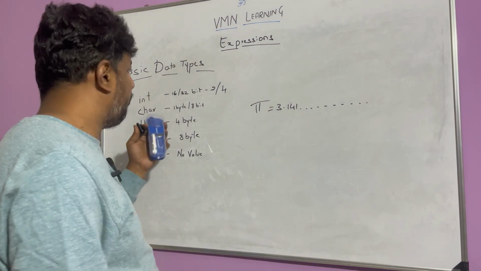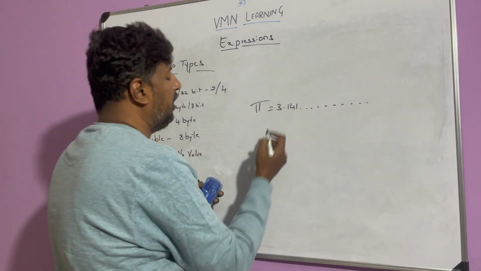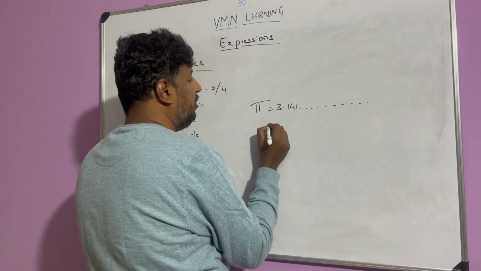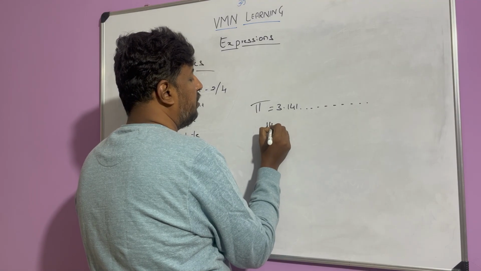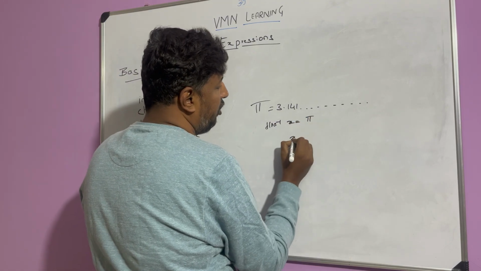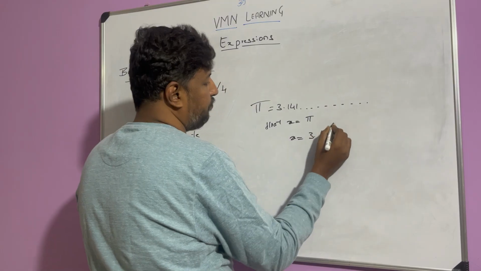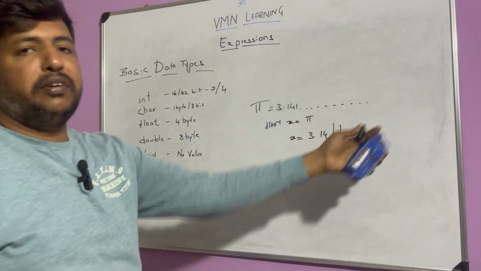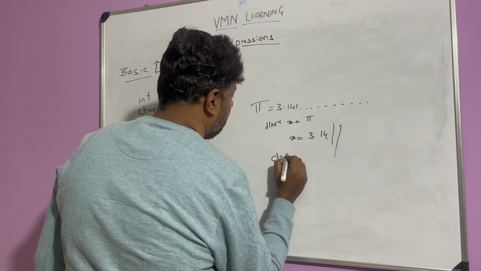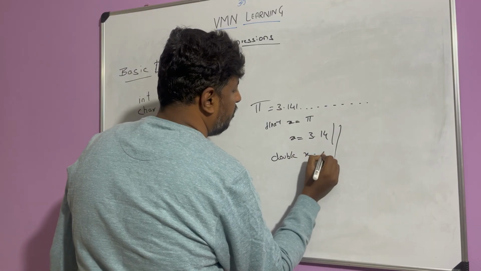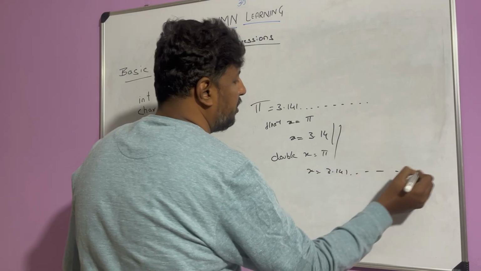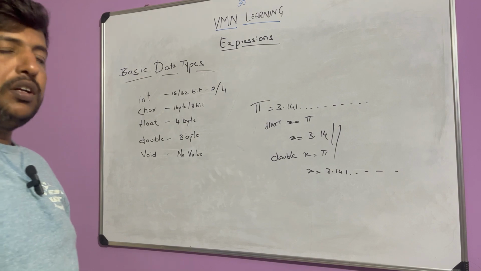Correct. So for float, as it's 4 bytes, if I say float x is equal to pi, the x value will be limited in precision and it will not consider the other digits. For double, if I say double x is equal to pi, x will be equal to 3.141 and so on.